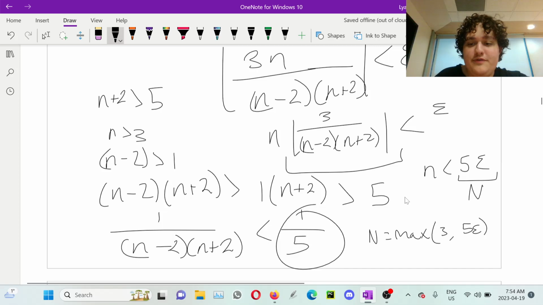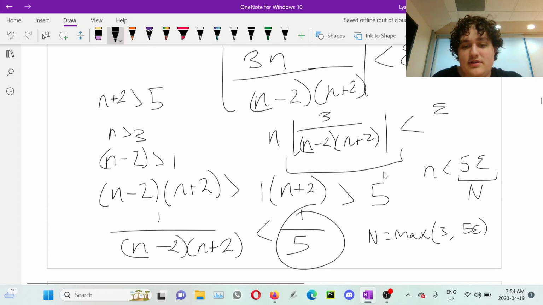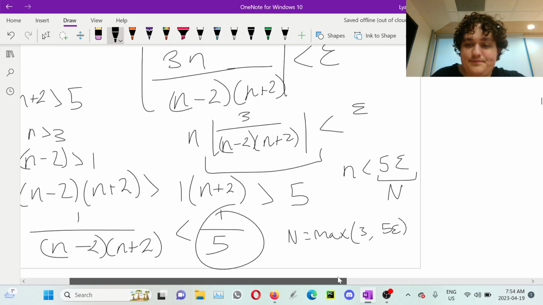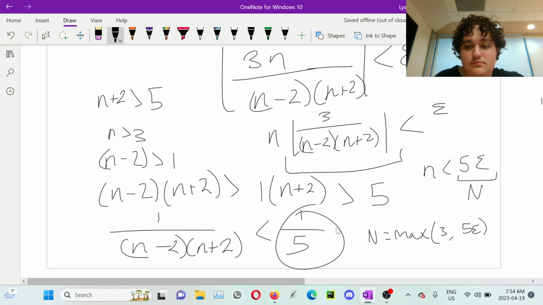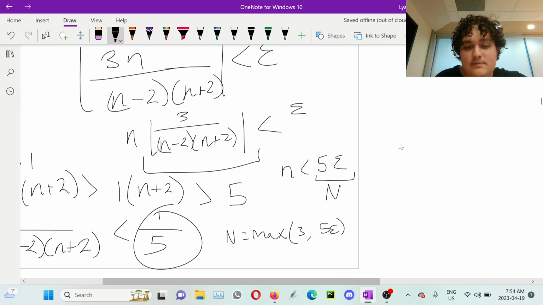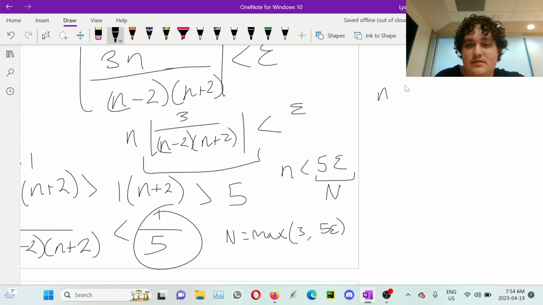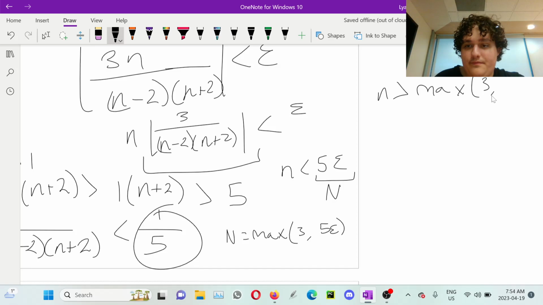And in order to prove, I say that we have to basically go backwards. So we have n greater than this maximum. It means that it's greater than both of these numbers, right?